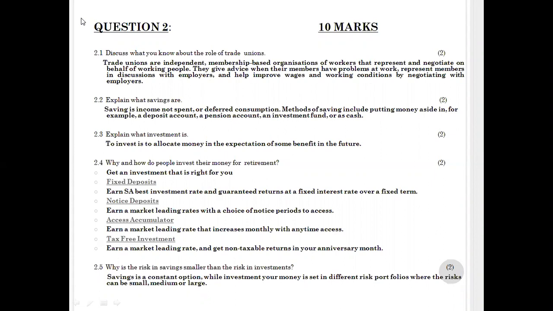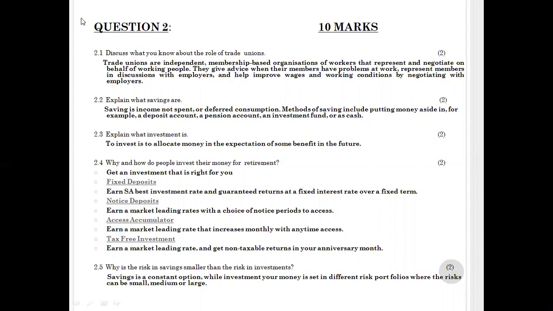And then for the next mark, if you have mentioned that they help workers regarding working conditions, how to improve and maybe get higher wages and salaries, or that they have discussions with employers, anything of that kind, then you can give this second mark. So 2.1 is about the role of trade unions for 2 marks.